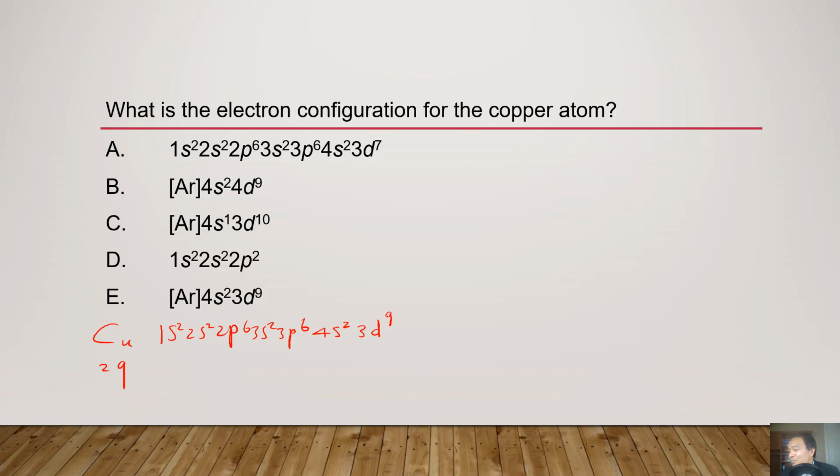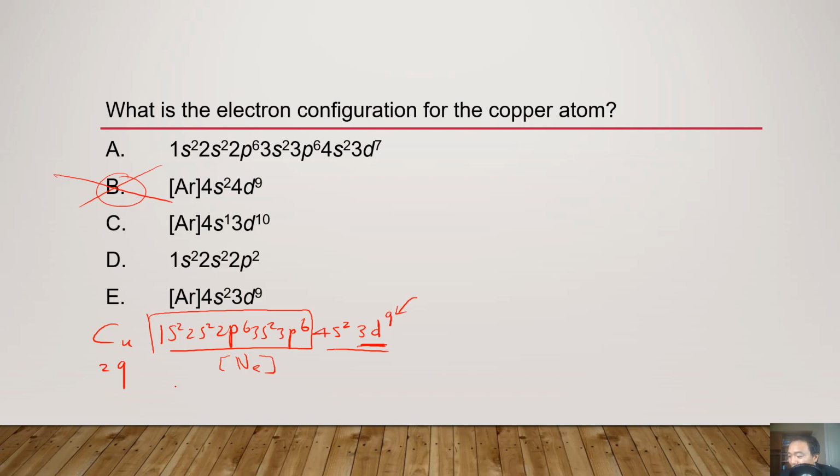Because we know this first portion is neon, it looks like you might pick B as the correct answer, but this one turns out to be wrong. Theoretically, you should get B, as we see over here. However, we have a special rule. The d subshell has 5 orbitals inside, which can take 10 electrons maximum, so 9 is already very close to 10.